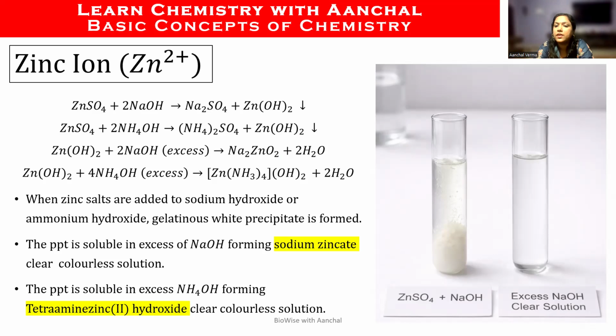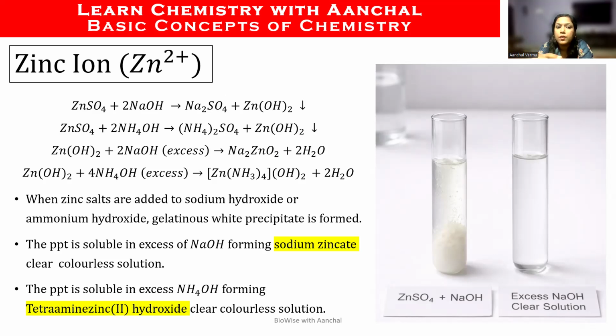Zinc sulfate, when it reacts with sodium hydroxide, forms zinc hydroxide, which is a gelatinous precipitate, and sodium sulfate. When it reacts with ammonium hydroxide, it again forms zinc hydroxide and ammonium sulfate. Now, zinc hydroxide is a gelatinous precipitate.